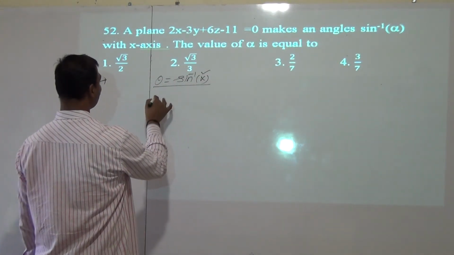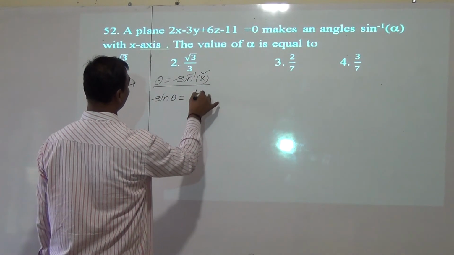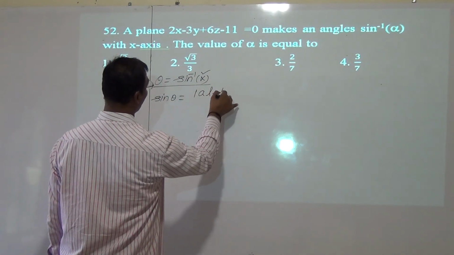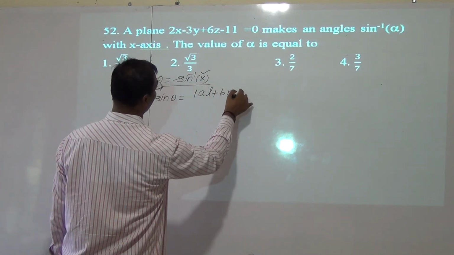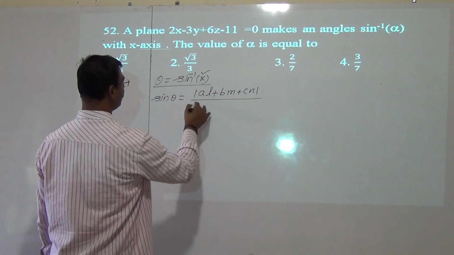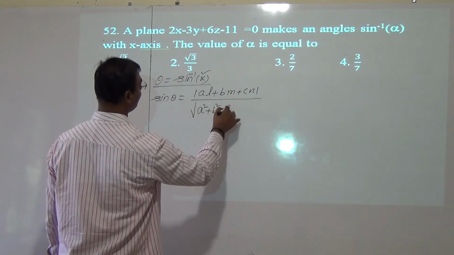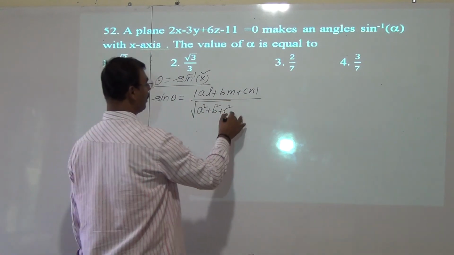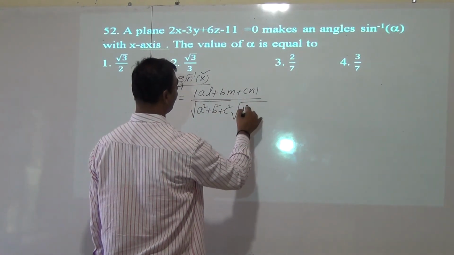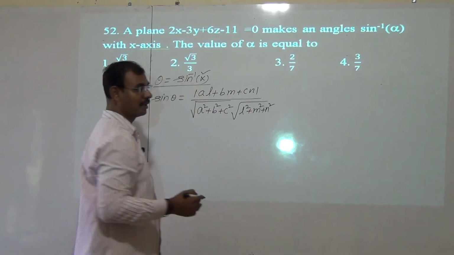The formula: sine theta is equal to the magnitude of AL plus BM plus CN, upon square root of A square plus B square plus C square, into square root of L square plus M square plus N square.